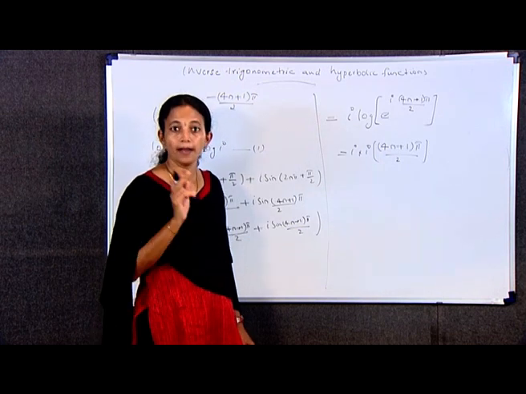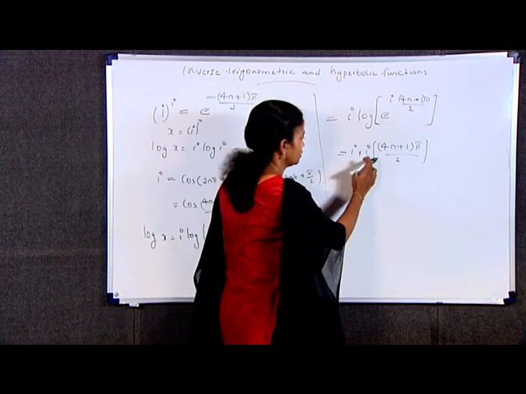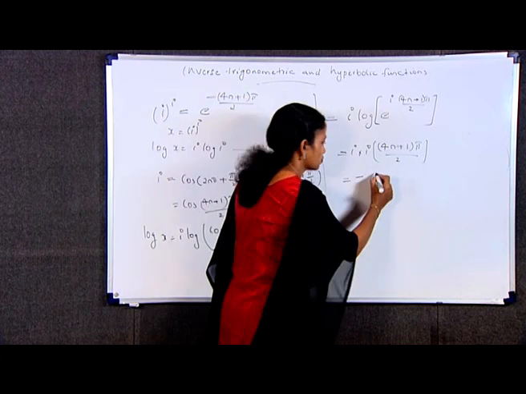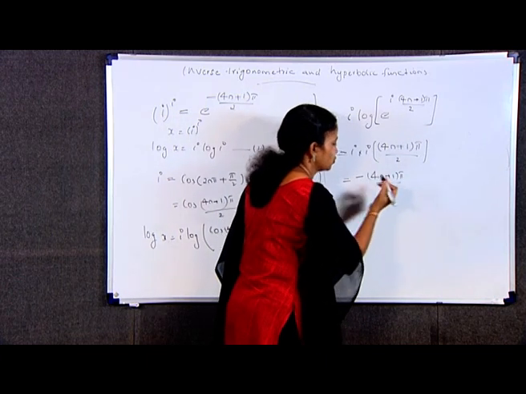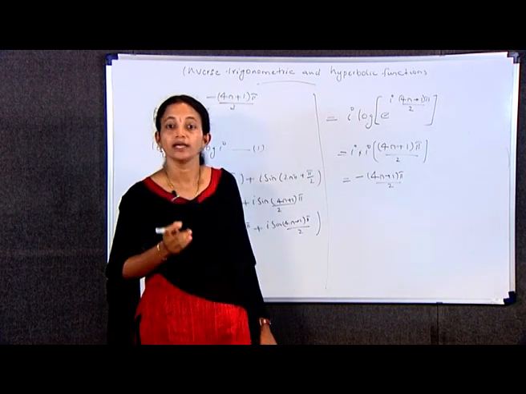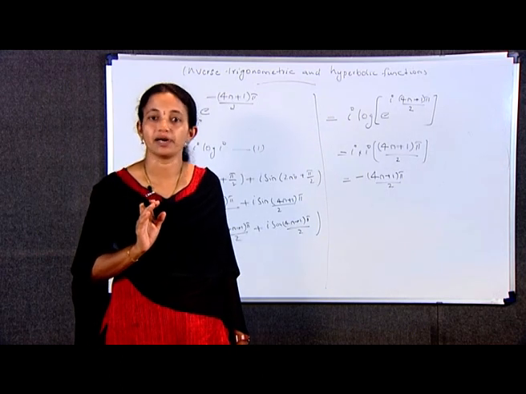Here i into i, we know it is minus 1. So, it is minus (4n plus 1) pi by 2. That is, i raised to i is equal to e raised to minus (4n plus 1) pi by 2.